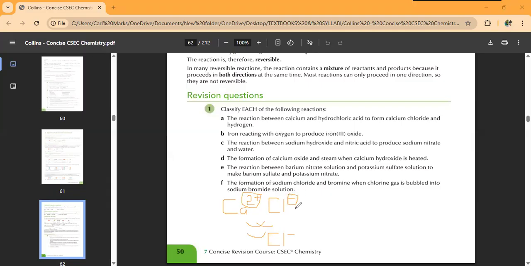They must be equal. So this is 1 atom of calcium, and how many atoms of chlorine do you see here? 1, 2, right? So the formula is CaCl2.